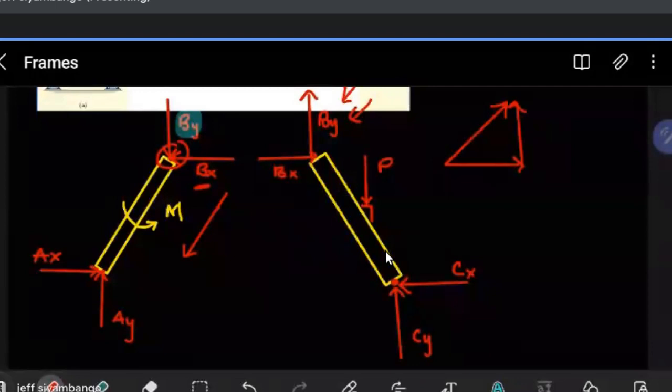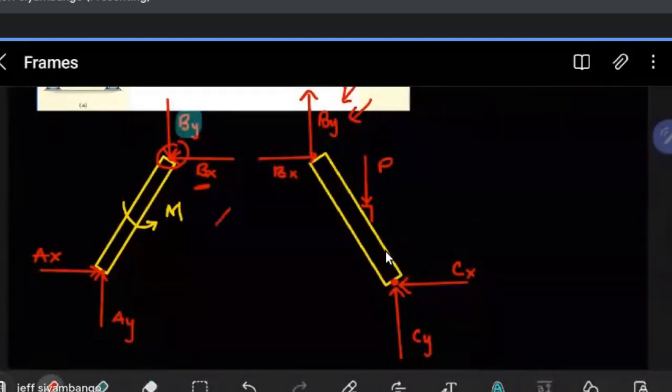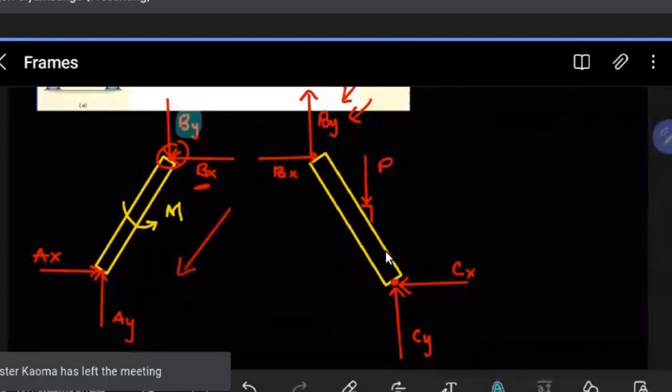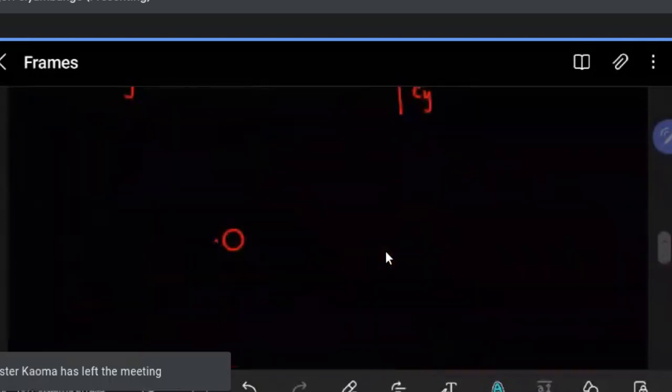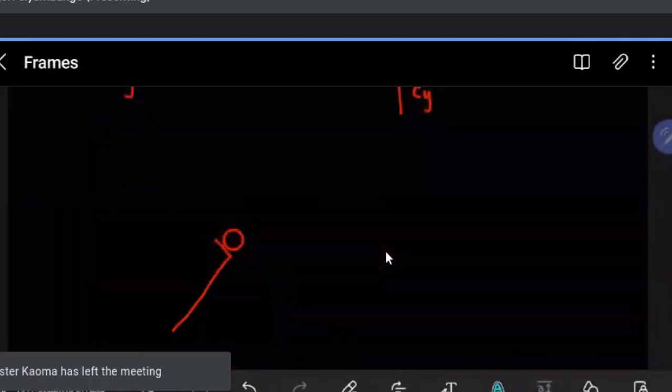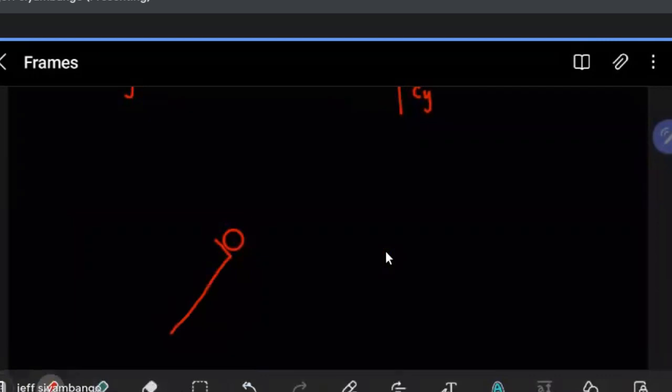Okay, so what is happening? I don't really want to look at this one. Let me use this one here. The force through this member comes to be something like this. But now let's view the member from the pin.